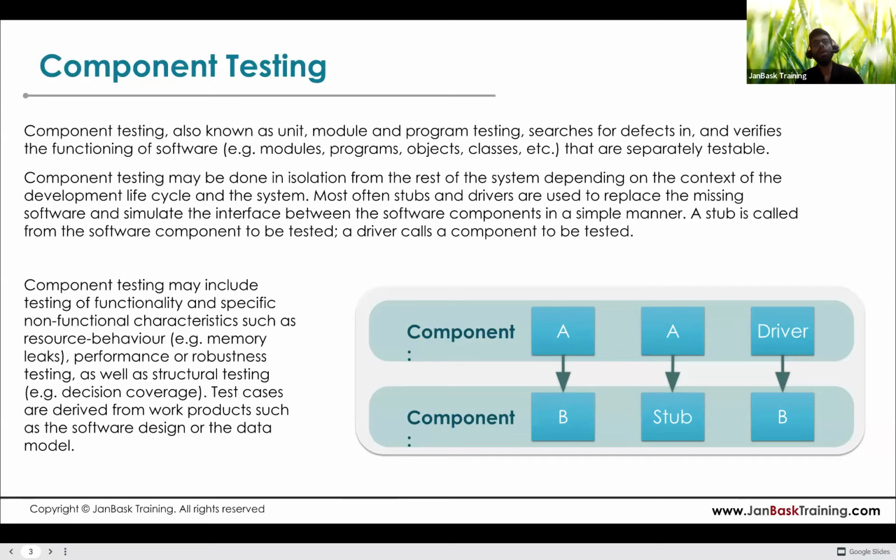So when we are doing component testing, we will require some data either from the higher module, or we'll be passing the data to some lower module, right? Now, what do I mean by the higher module, taking the example of Amazon.com?